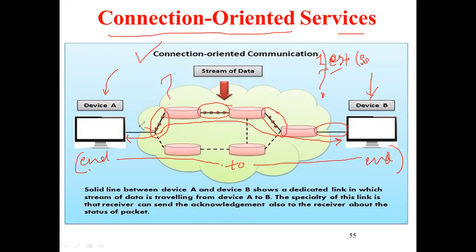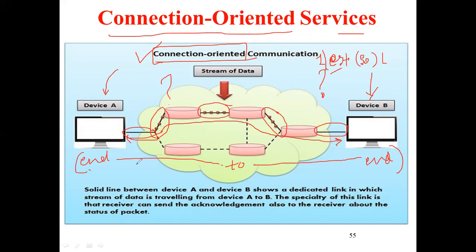Until the communication ends, this connection remains valid for the transfer of packets. This is connection oriented, because that orientation is there between these two devices. They first establish a connection, which demands some time, and in that manner we can say it is a little slower.